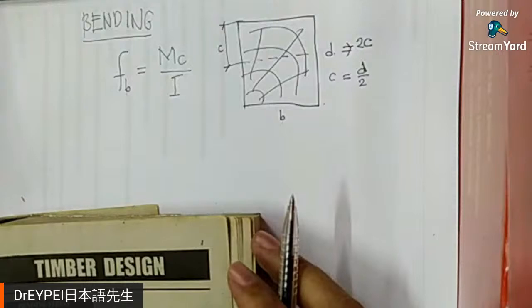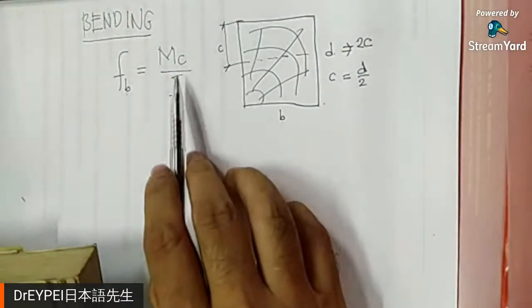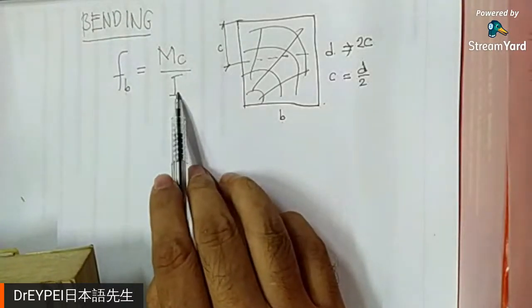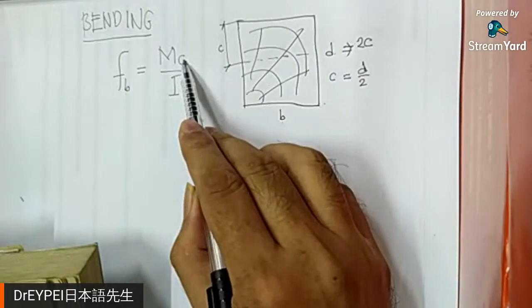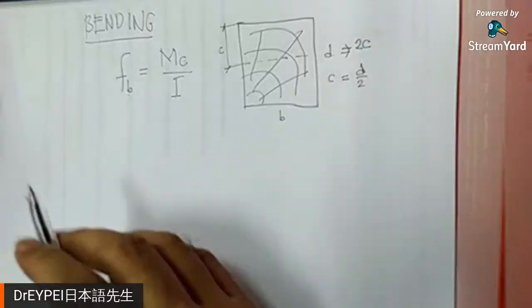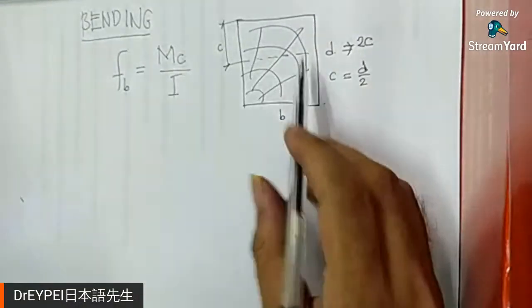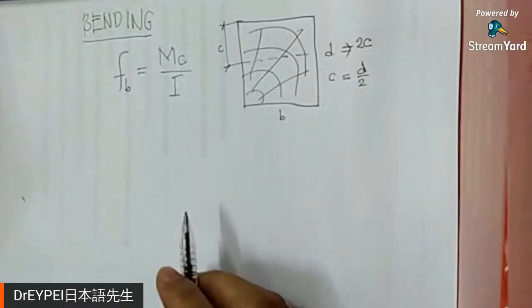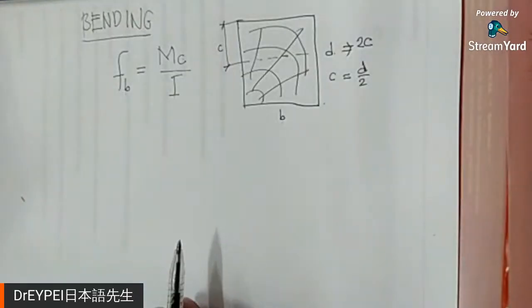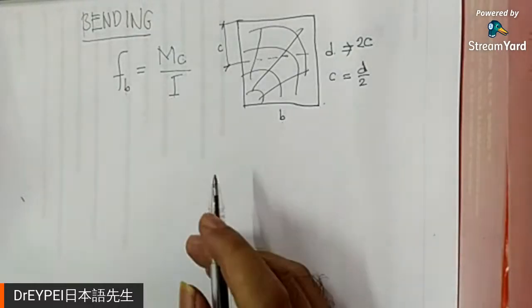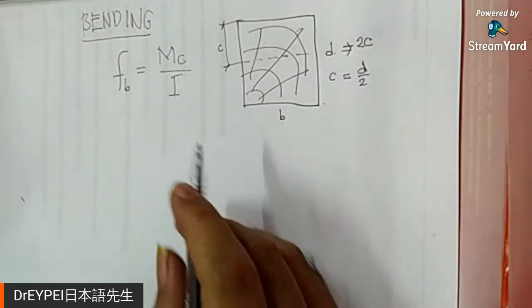So if we use that and substitute these values for C and I, because we already said that I describes the dimension of the timber. So what are the dimensions? D, B, and C. Those are the geometrical measurement.